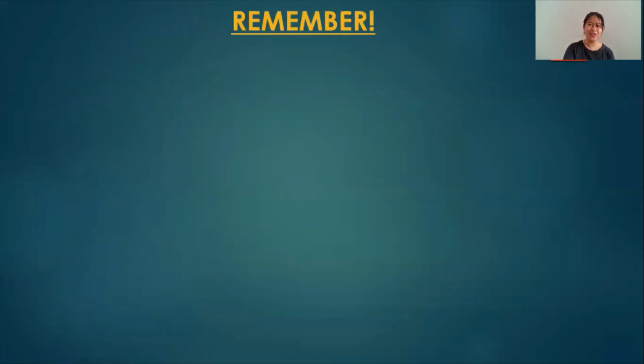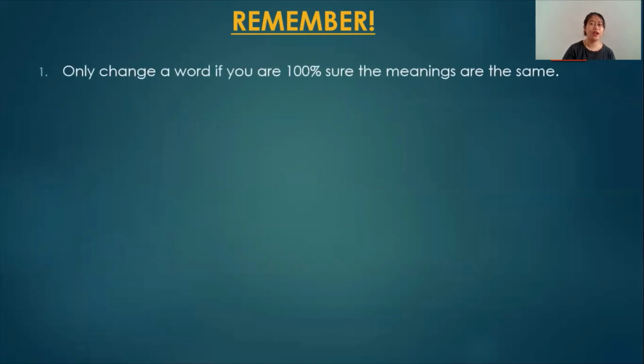All right. So what are things to remember in using synonyms? First, we should only change a word if we are 100% sure that the meanings are the same. As I said, we want to avoid using nearly the same meanings or similar meanings, or what we call loose synonyms.